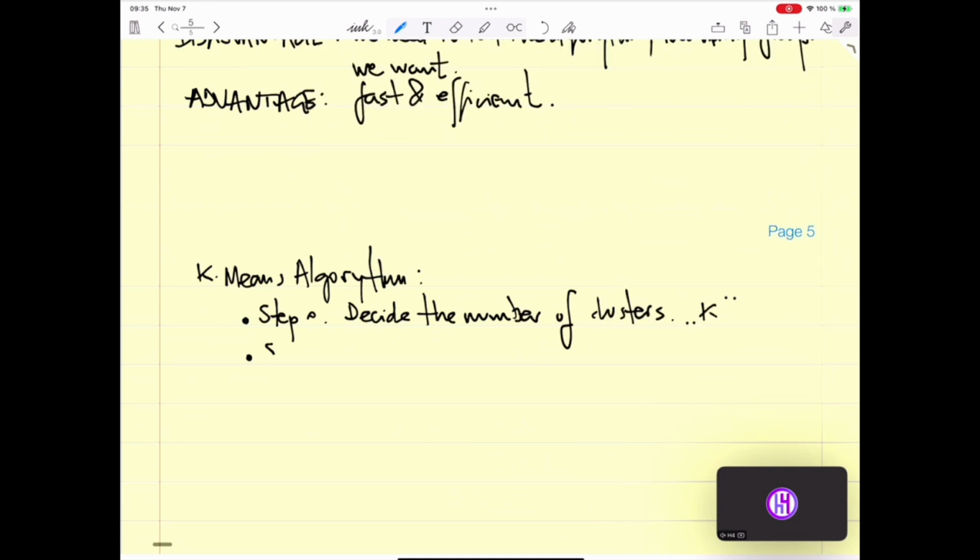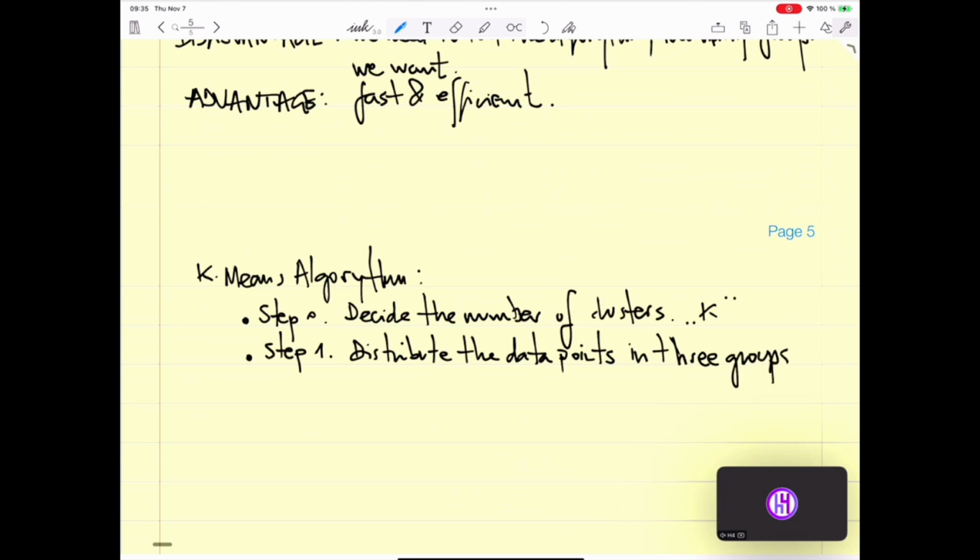So step 1, distribute the data points in k groups. So we just randomize. We say, okay, this data belongs to 1, this data belongs to 2, this data belongs to 3.